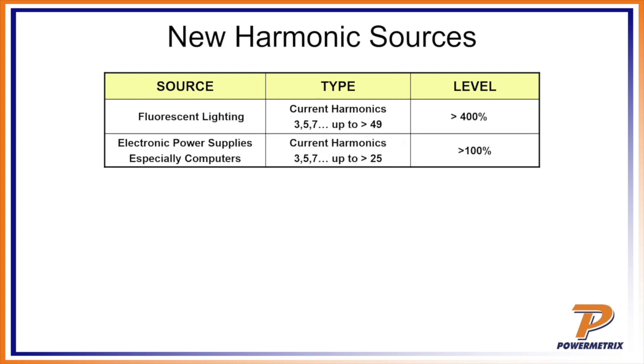If we talk about new harmonic sources, one of the worst sources of THD nowadays is modern lighting. When I say modern lighting, I'm talking about green lighting, in particular fluorescent lighting, including compact fluorescent, or LED lighting. What we see there is that we get several harmonics on the order of sometimes way above 100%.